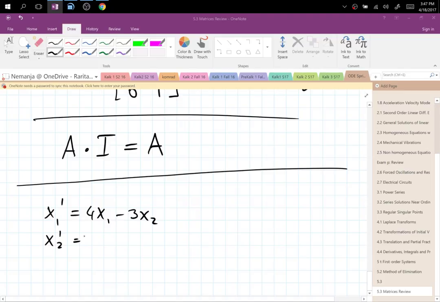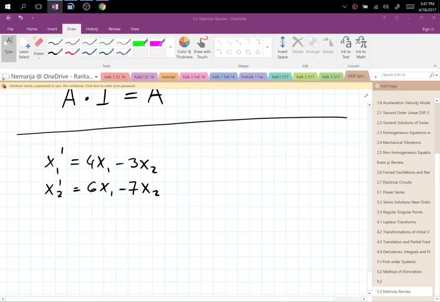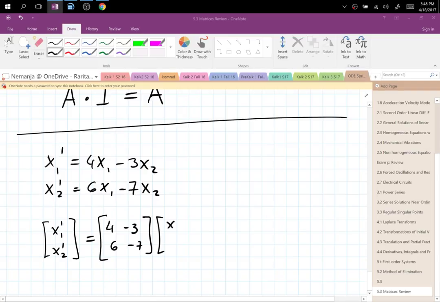And then x2 prime is 6x1 minus 7x2. What I can do is I can create the matrix of derivatives, and that would be equal to the matrix of coefficients, which is 4, negative 3, 6, and negative 7, times the matrix of x1 and x2.